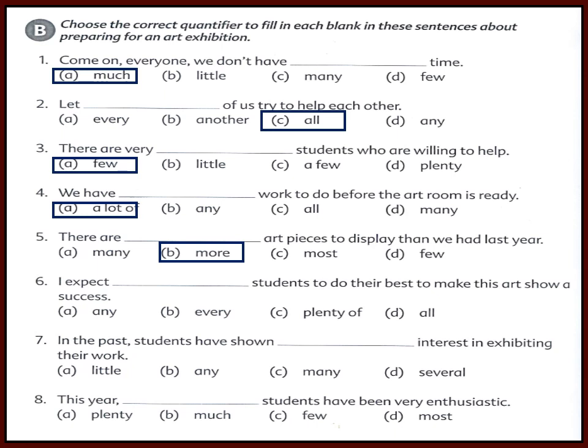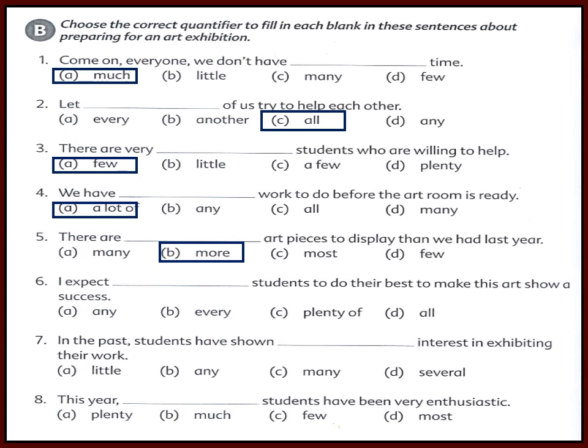Number 6, I expect dash students to do their best to make this art show a success. I expect any students, we cannot use, as we use any in negative sentences, and the second reason is students is plural. Every students, plenty of students, all students.